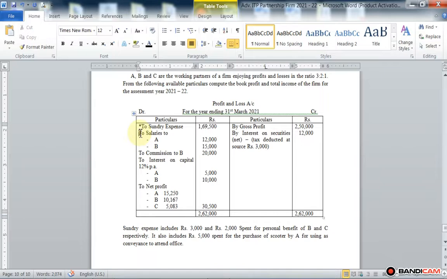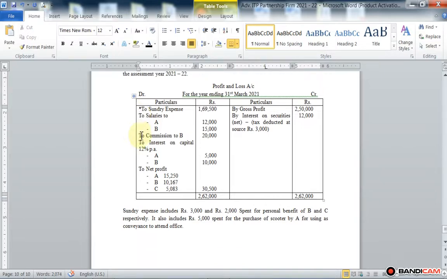So this part is not considered, it is not added to net profit. It is ignored because it is exempted. Then the net profit given here is taken into consideration for computation of book profit as well as total taxable income.